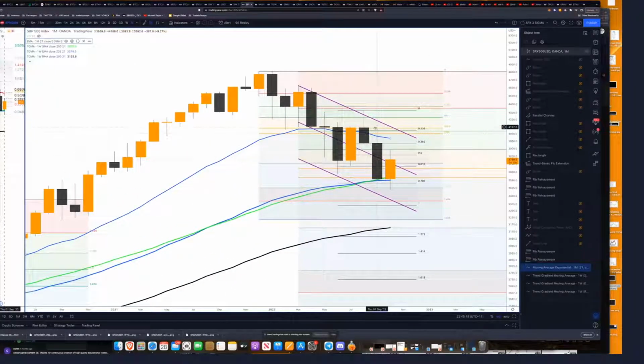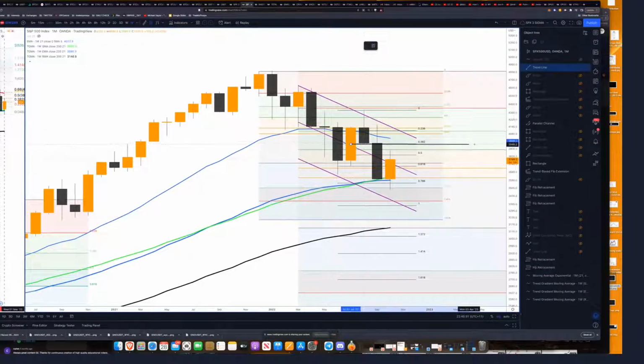We got a rejection, kiss of death. So it tried to go above it, then it got rejected. Now the 200 weekly moving average is holding it. So I think we're in a squeeze. Obviously that's a monthly level, and S&P is likely to break this down.